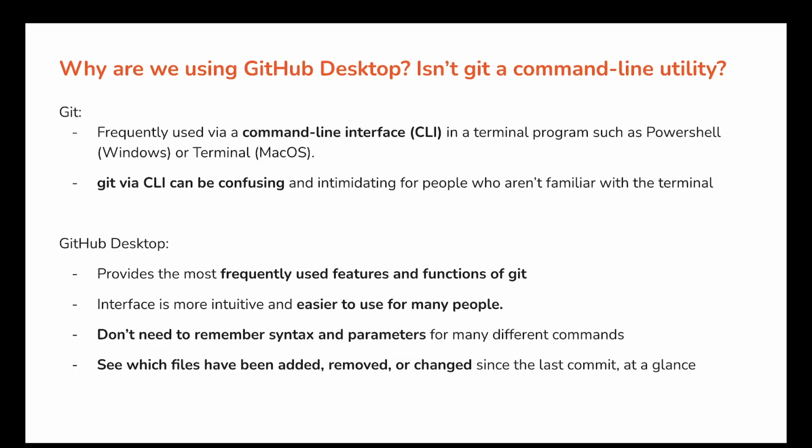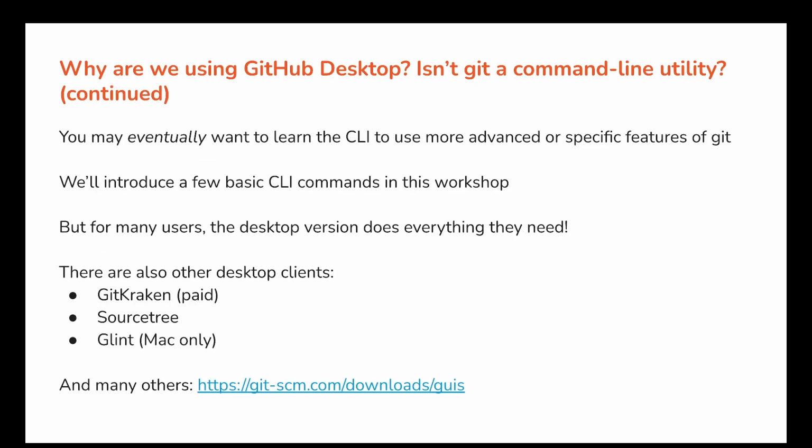So we are going to be doing almost everything you need in Git through GitHub Desktop, which is easier to use for a lot of people and is actually pretty helpful because you can see certain things a little more easily than you can over the command line. If you ever want to move to the command line, all of the things that you learn that you can do on GitHub Desktop, you can also do in the command line. It's just a little easier to get started with this and then move to the more advanced version if you need to.